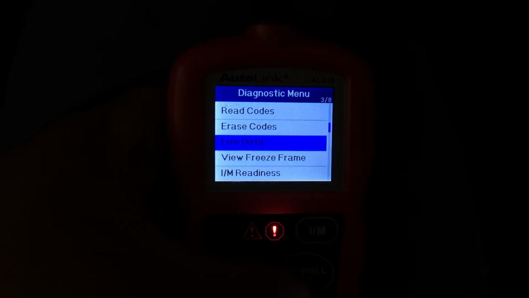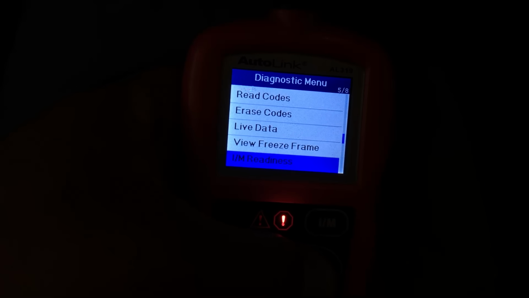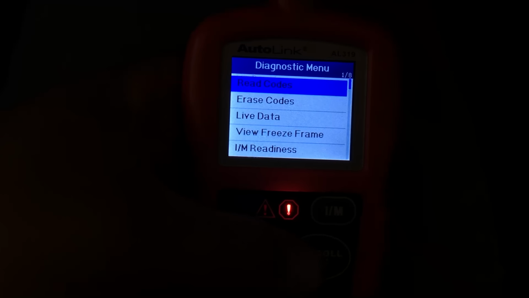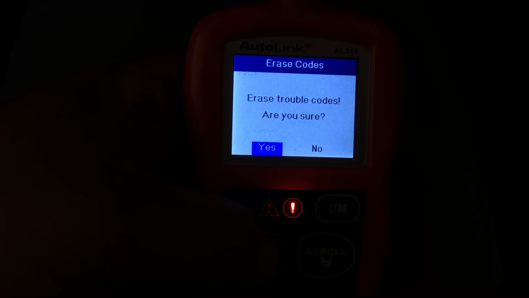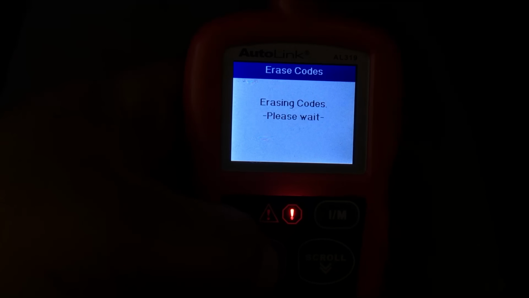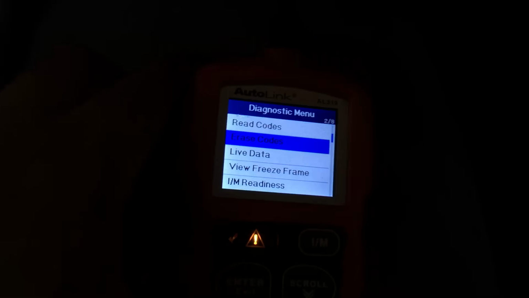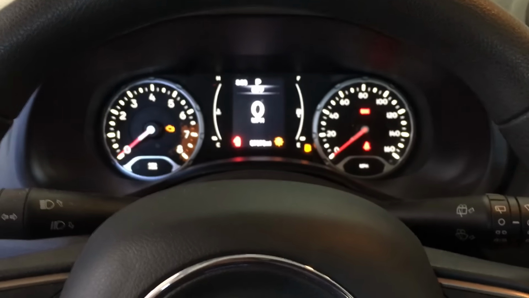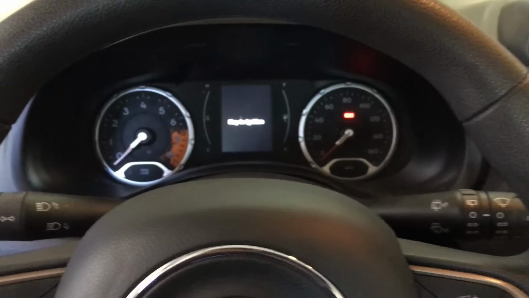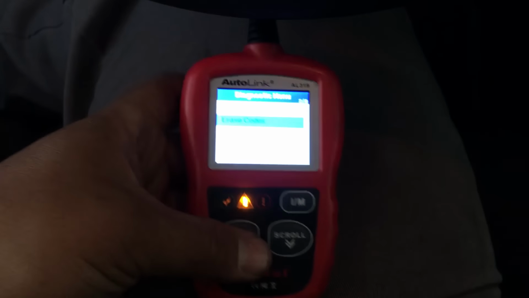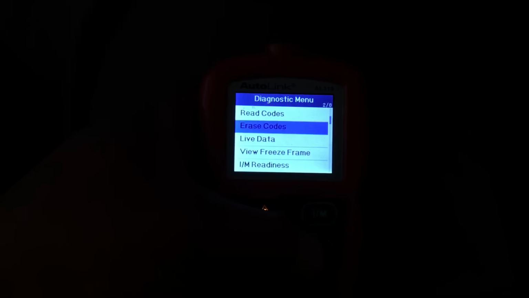Alright, so I'm going to go to read codes. Well, let's erase codes first. I'm going to go ahead and erase the codes. Yes. There we go. Erase done. And what I'm going to do is go ahead and cycle the key off and then back on, and we'll double check to see if those codes are back.